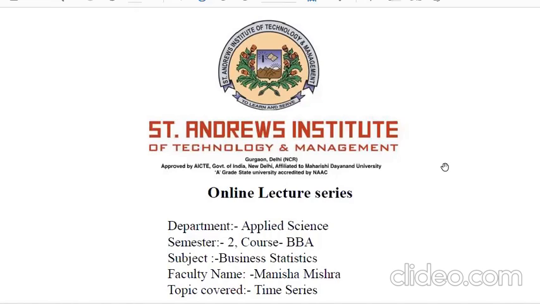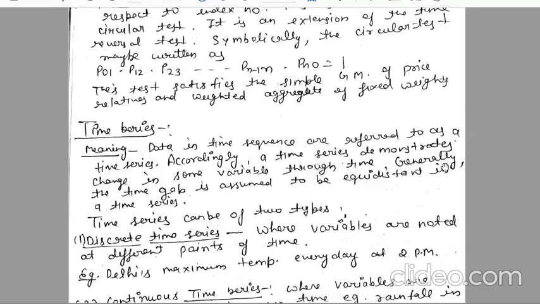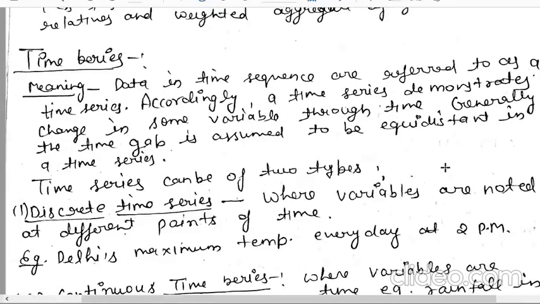Let's see our time series definition. What is the meaning of time series? A 16 marks question always comes in your exam: write the meaning of time series, types of time series, importance, limitations, and so on. So let's see it. Meaning: data in time sequence are referred to as a time series. As I told you, if you list your data in time order, that is called your time series.